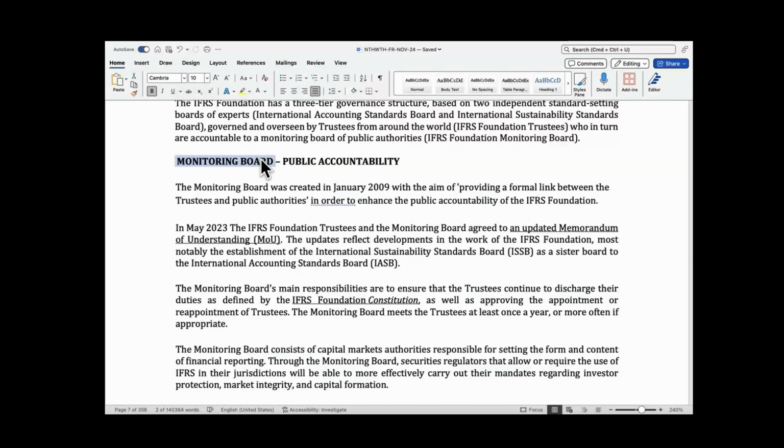It's just to ensure that this structure is publicly accountable and understands what the market needs. That is why the members of this monitoring board are the capital market authorities, those in charge of the stock markets. Capital market authorities are the regulators in charge of capital markets in all countries.